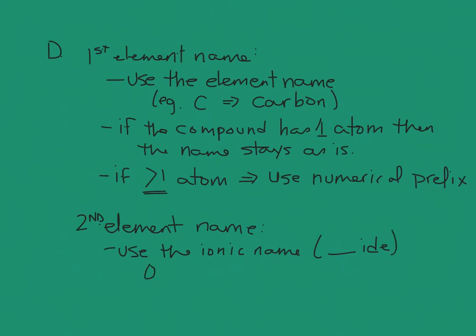So if it was O, then it is oxide. And the second rule here is always include the numerical prefix.